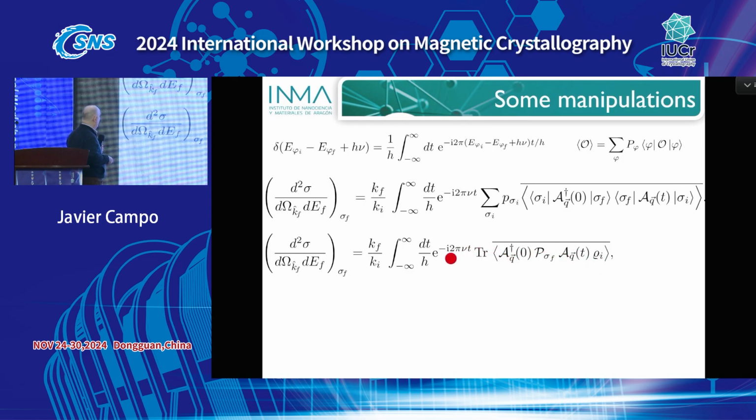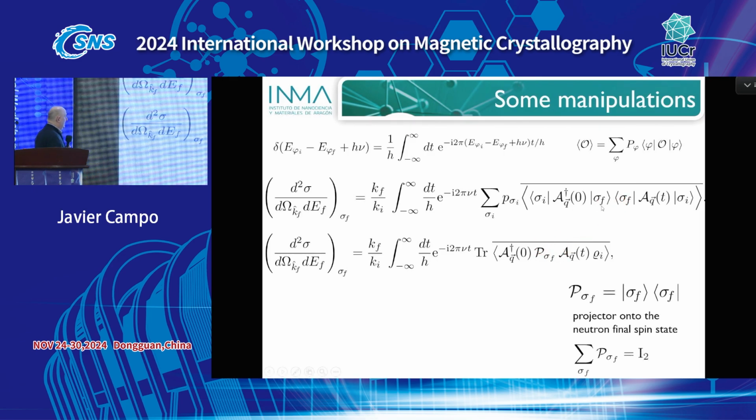And the other things are the same. The integral, the trace, this sum times this is the trace, and here the projector. Okay, this is the projector onto the neutron final state, and also the sum of all the projectors is the identity.